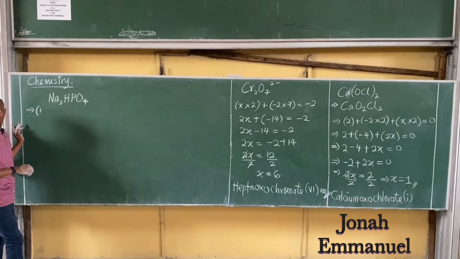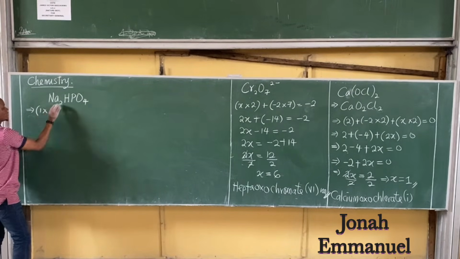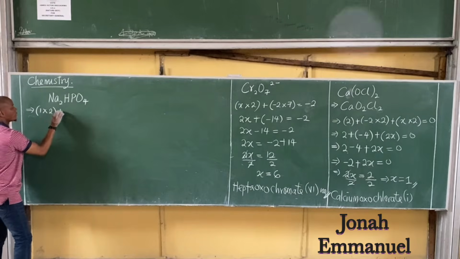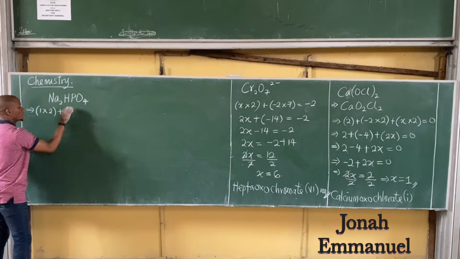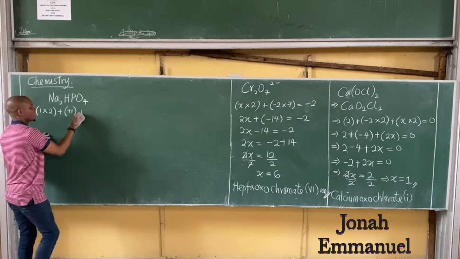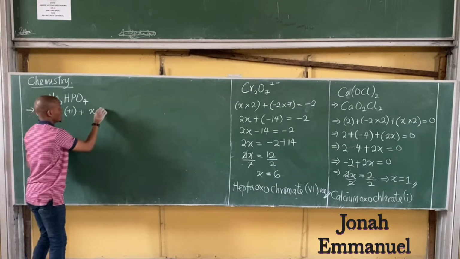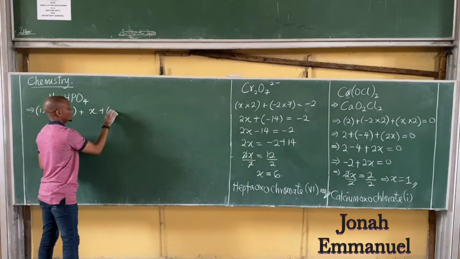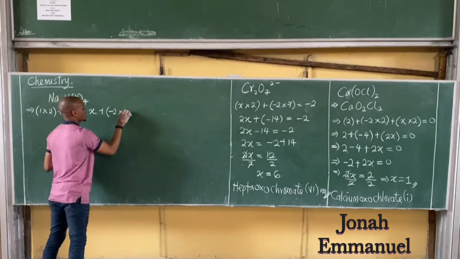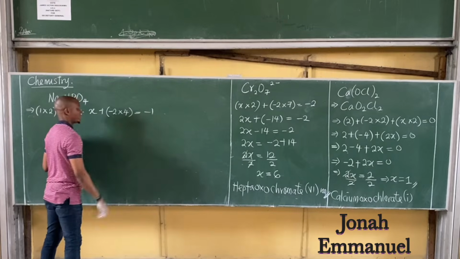Confirm that. +1 times how many atoms there? 2. Hydrogen +1, or just 1. This becomes the oxidized element, that becomes what there? X. Plus oxygen becomes what there? -2 times how many.